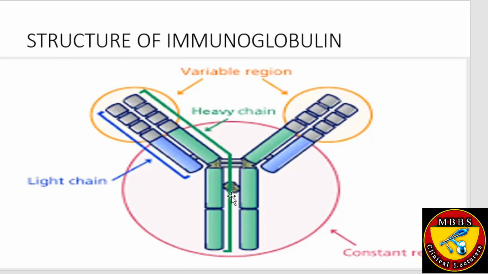This is the constant region, and the constant region of the heavy chain is responsible for complement activation because it contains the complement binding site, and it is also responsible for binding to receptors on neutrophils and macrophages.